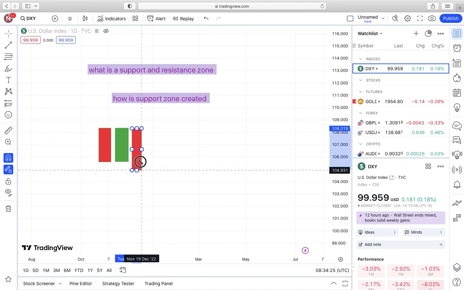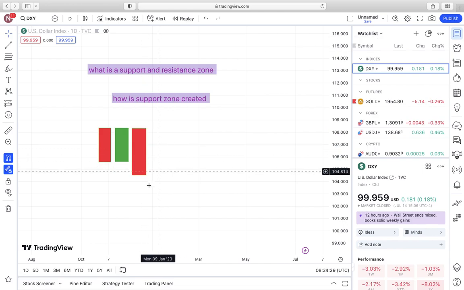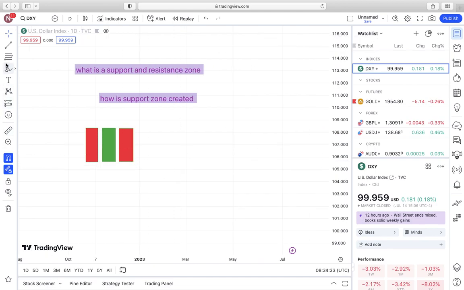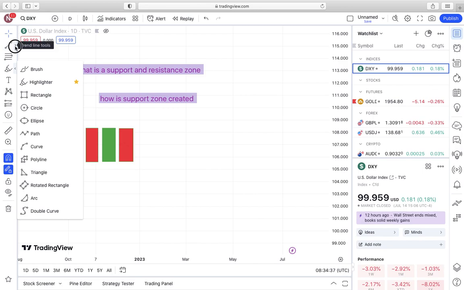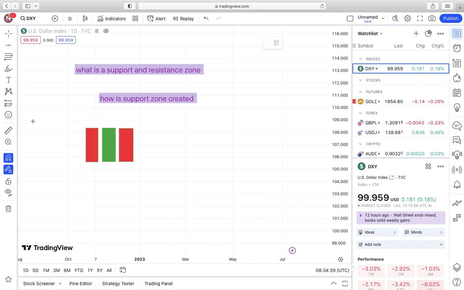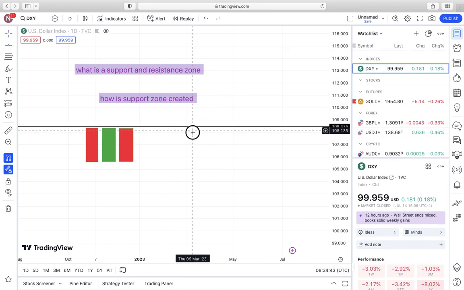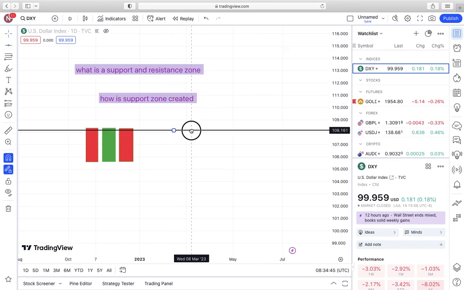When this support zone has been violated, for this market to uptrend, it must come here, which means this is the line where the market is reacting.